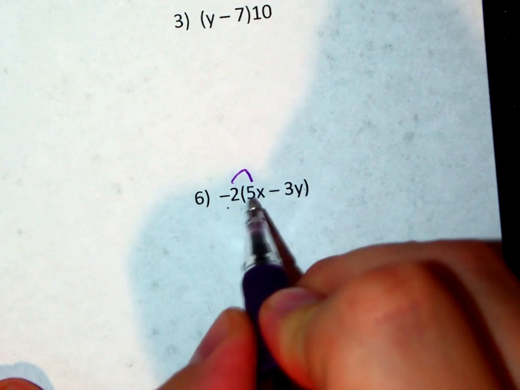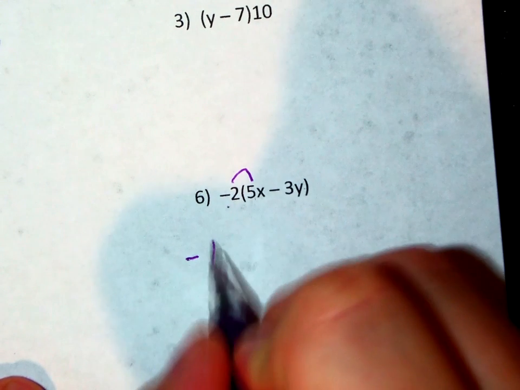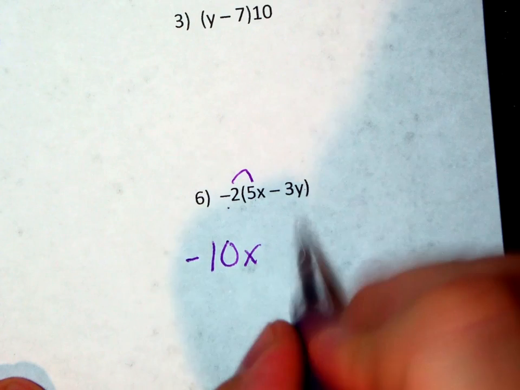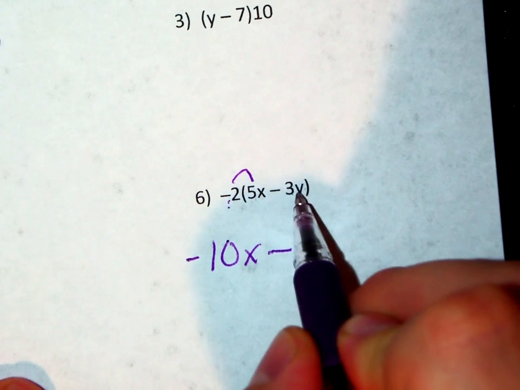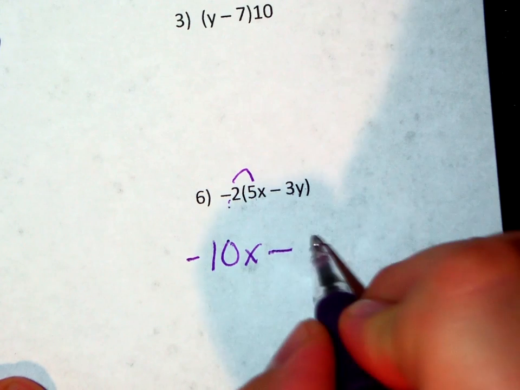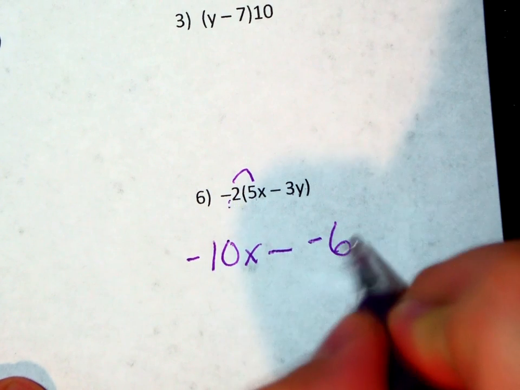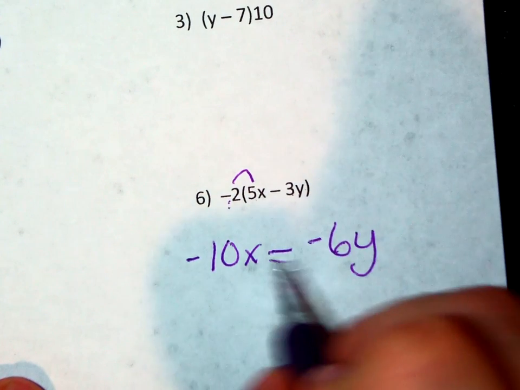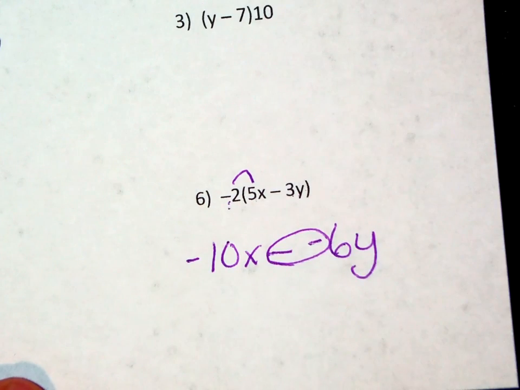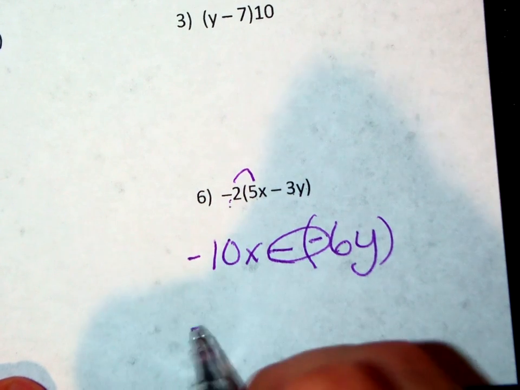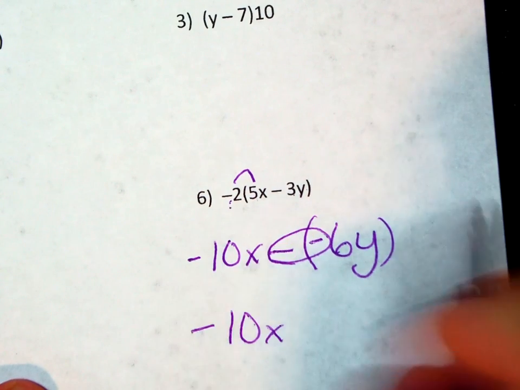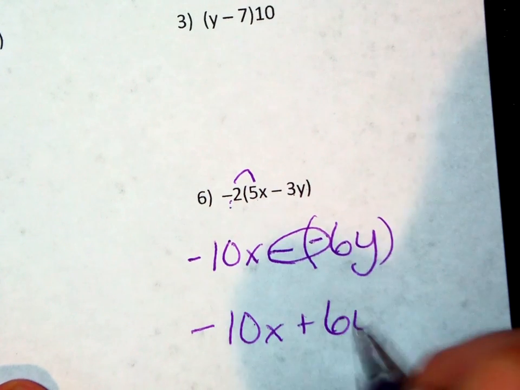So negative 2 times 5 is negative 10x. Minus negative 2 times 3y is negative 6y. And so since I have a minus and negative here, I will say negative 10x plus 6y.